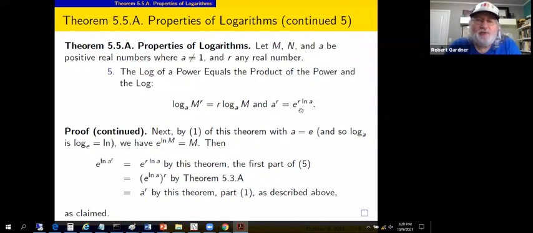So trying to establish this. By part 1, if we take a equals e, so log base a becomes log base e, or natural log, I'm trying to get the ln of a thing introduced, then by part 1, we had exponential composed with a log function equals the identity. Here, the exponential is an exponential base e, and the log function is a log base e.